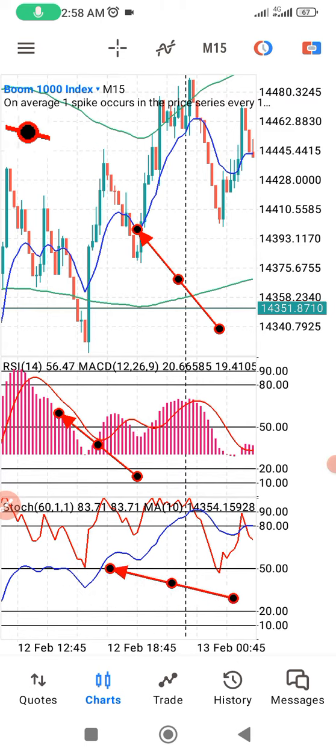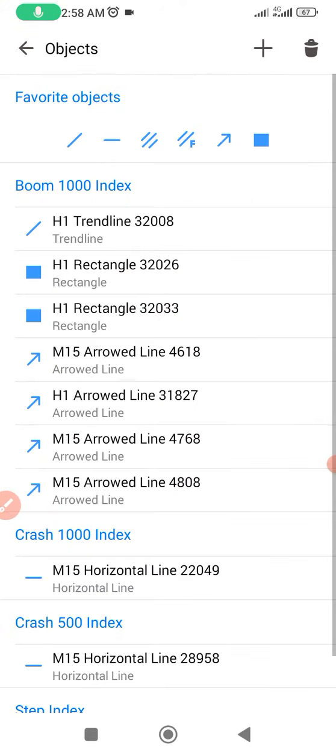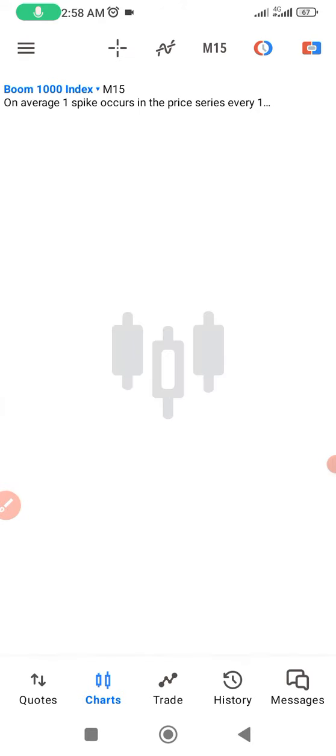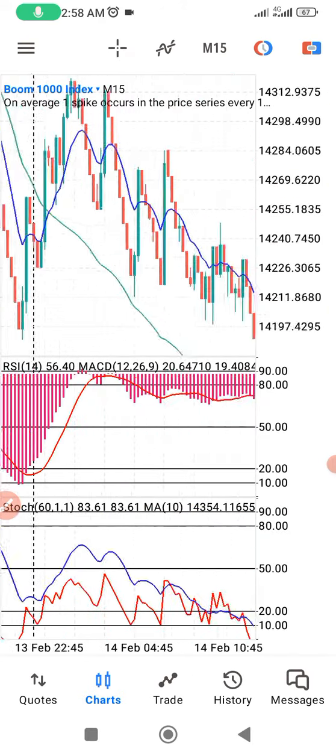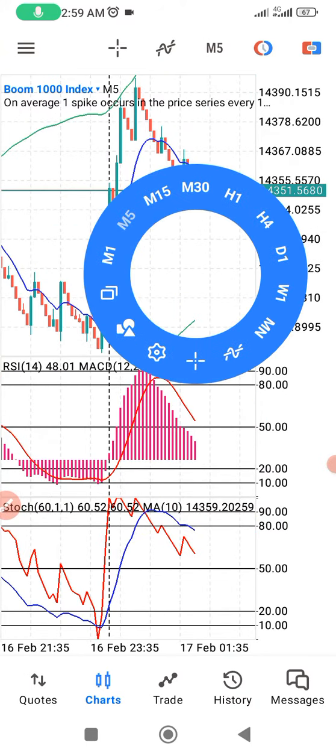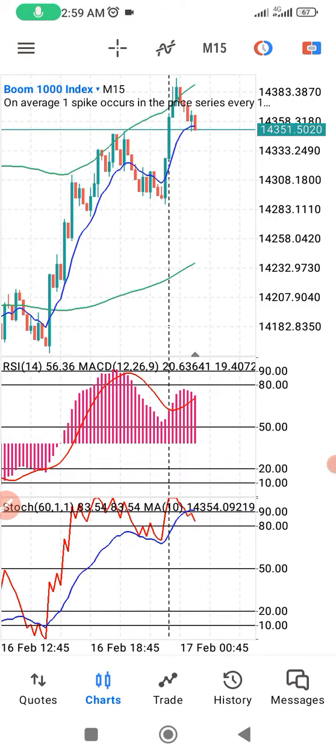Then the blue line is our moving average. The period is 10 and it is applied to exponential. So without wasting much time, let's go into the main work, why we are here.